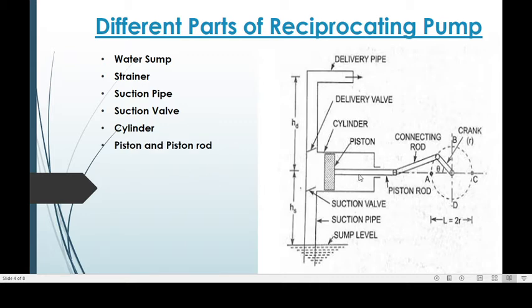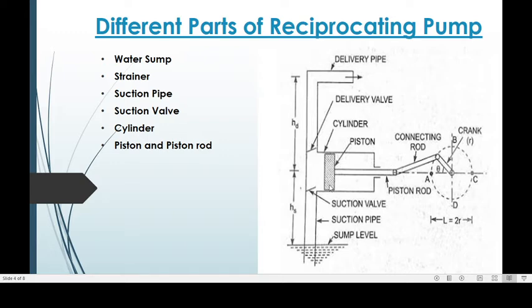Next is our piston and piston rod. This is your piston and this is our piston rod. The piston moves backward and forward as I've already told. The piston moves back inside the cylinder when the water is coming inside, and for discharging the fluid, the piston moves in the forward direction.